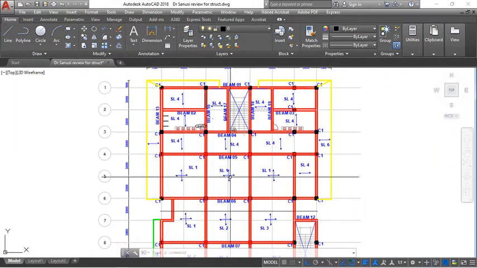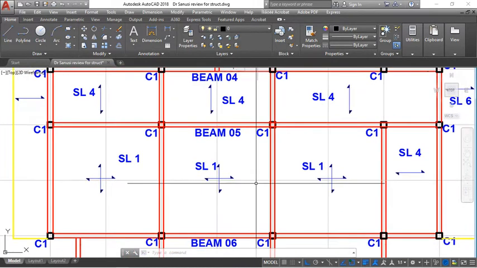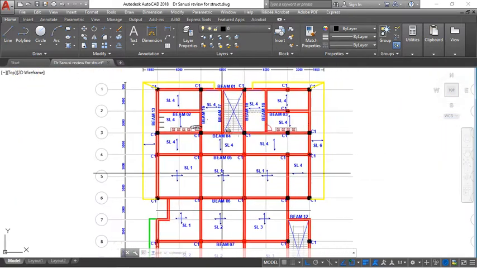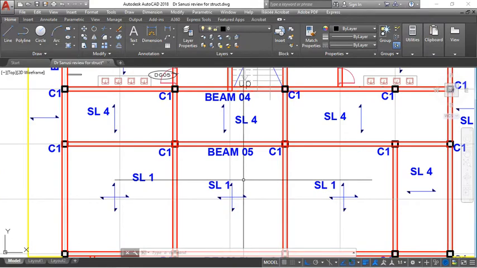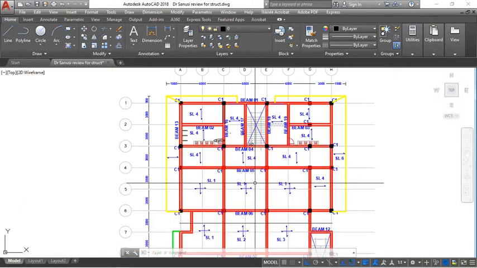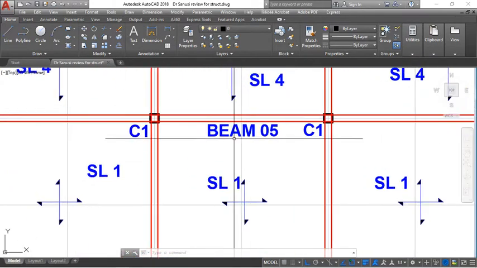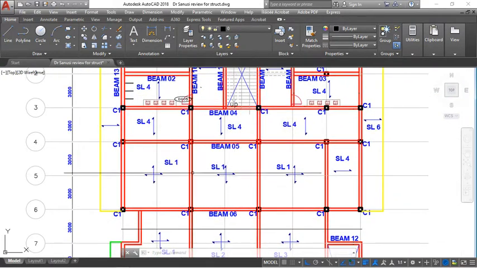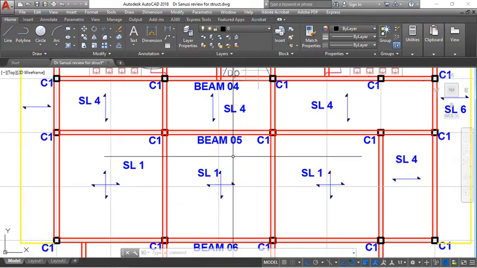I have also taken the liberty of identifying all these slabs based on their end conditions, which means slab 1 is continuous at the 4 edges.